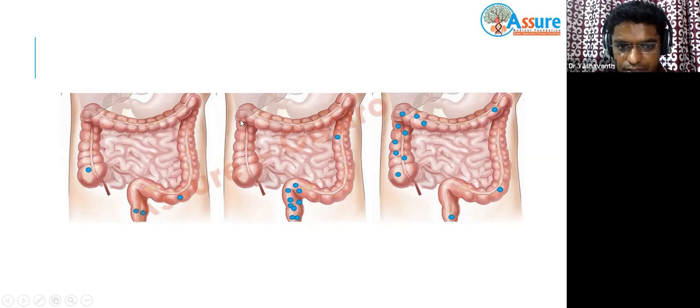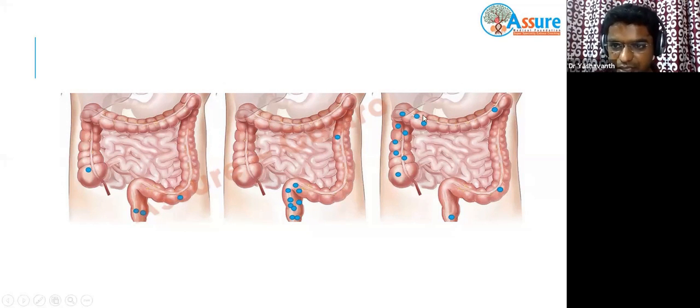It suggests that the movement is normal across, but it is unable to exit from the lower rectum, which suggests it is a dyssynergia, where there is a defect at the exit.